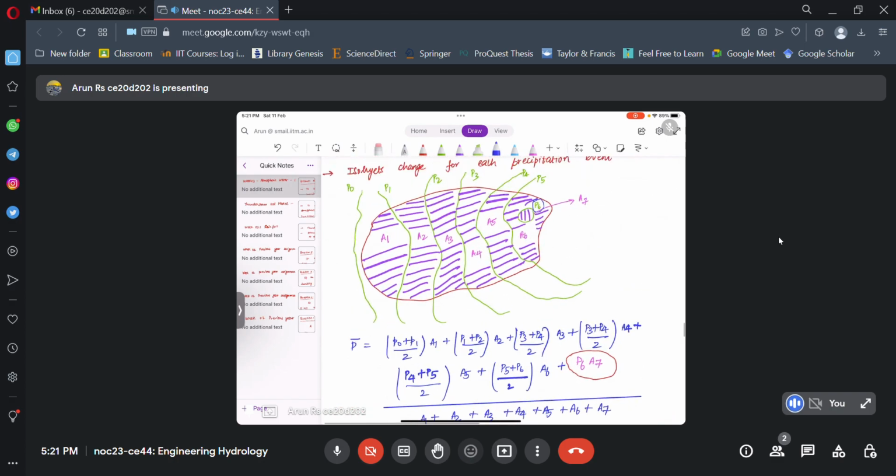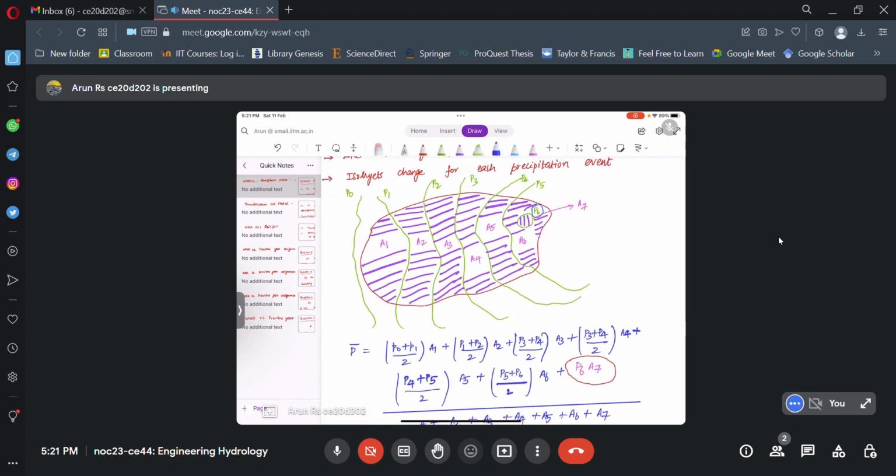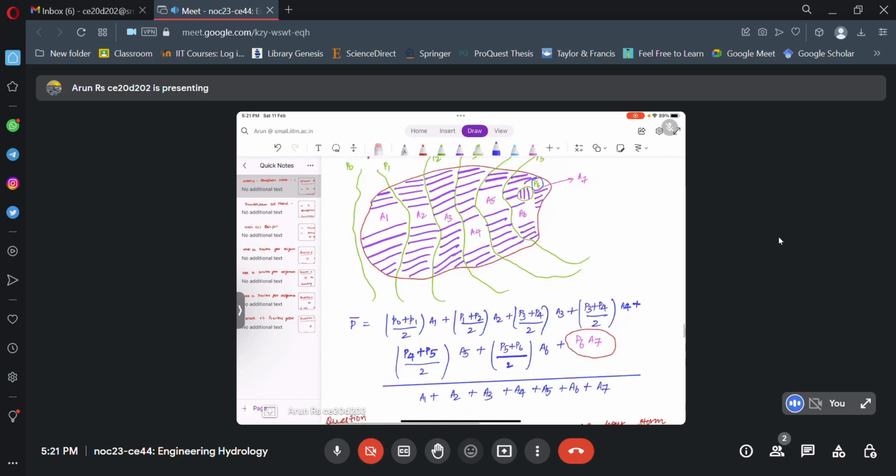So if you see this kind of catchment with particular isohyets for an event, we can write the average precipitation as P bar is equal to P0 plus P1 by 2, the average of the two isohyets, into the enclosing area that is within the catchment.